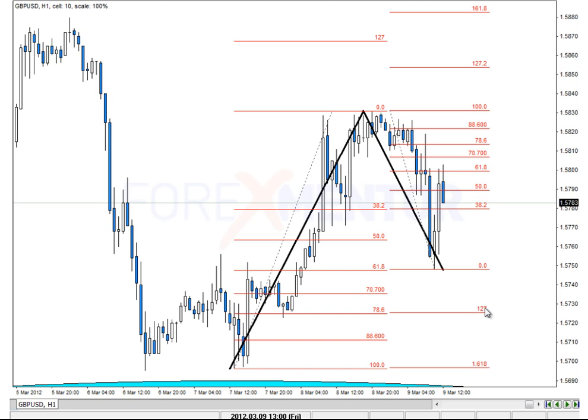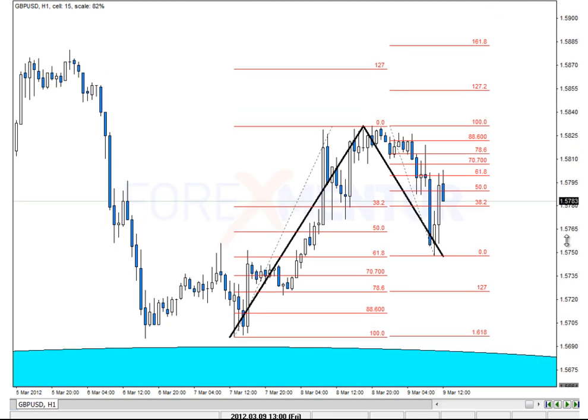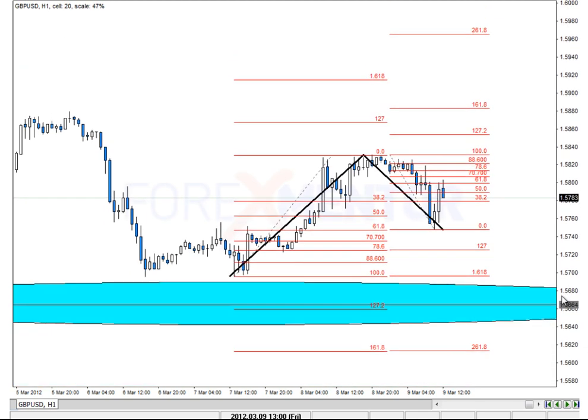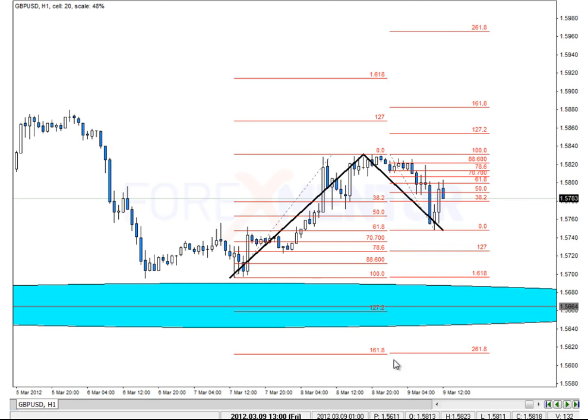And if that fails, then what you want to look for is the crab pattern, which forms further down. So if you have a look at our extensions or projections, there's the 127 that we've been using for the butterfly, and there is a 1618 with the 2618 projection from the smaller swing.